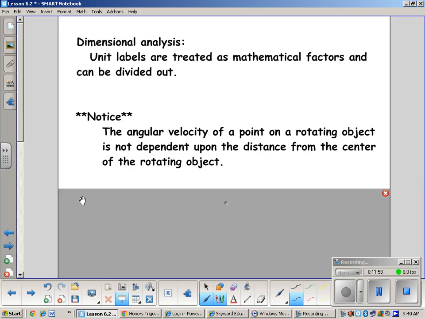Angular velocity is saying how fast that wheel is rotating through each of the angles. So it has nothing to do with how big the diameter or the radius of the circle is.